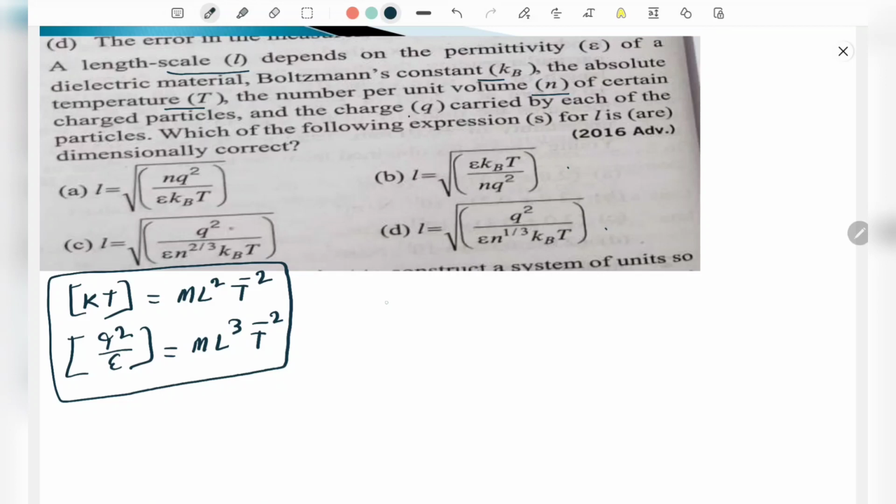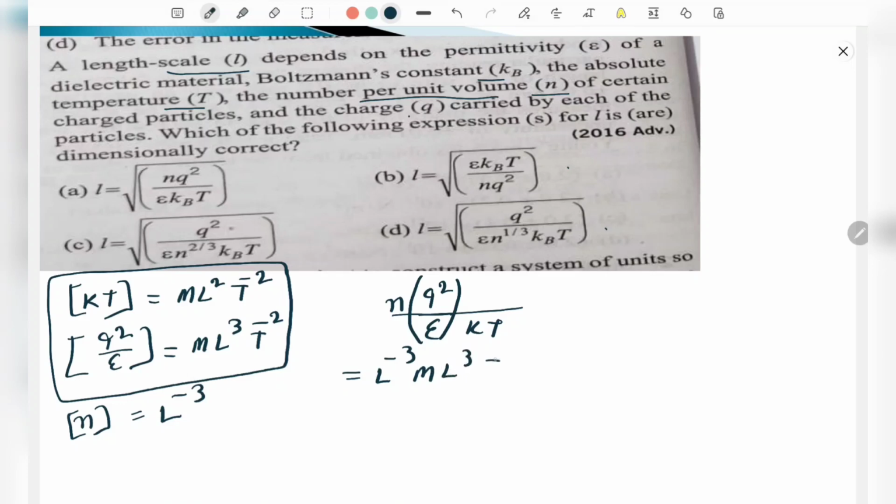Looking into option 1, it is n q square by epsilon kT, where n has the dimension per unit volume, that means L to the power minus 3. So, L to the power minus 3, q square by epsilon, which is ML cube T to the power minus 2, and kT, which is ML square T to the minus 2.